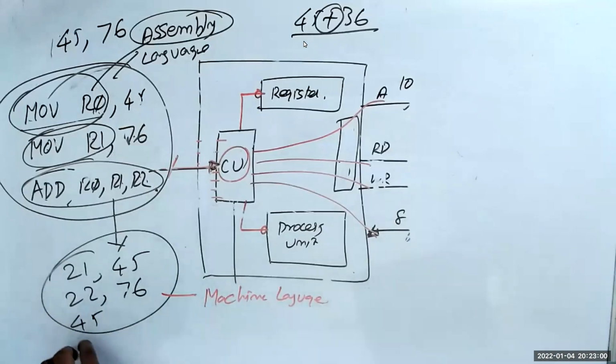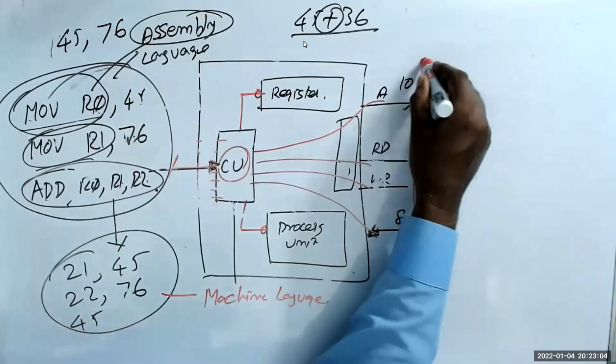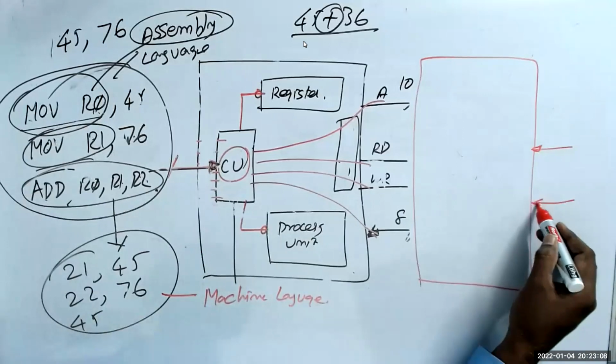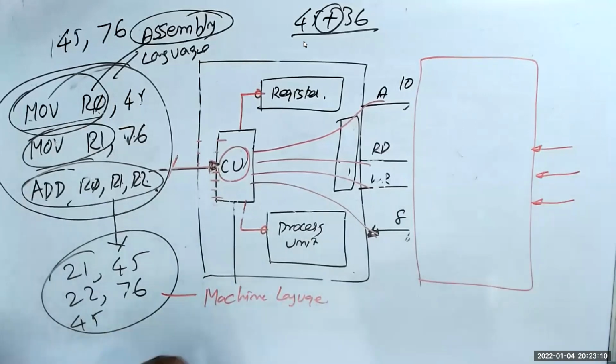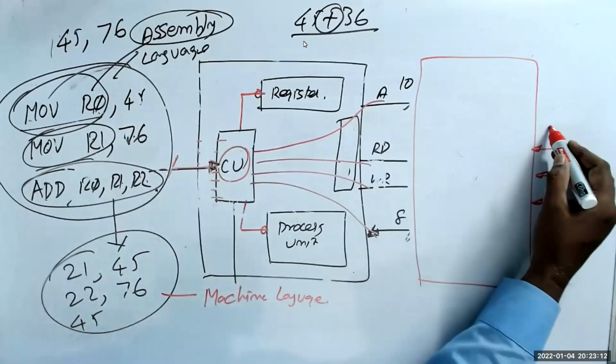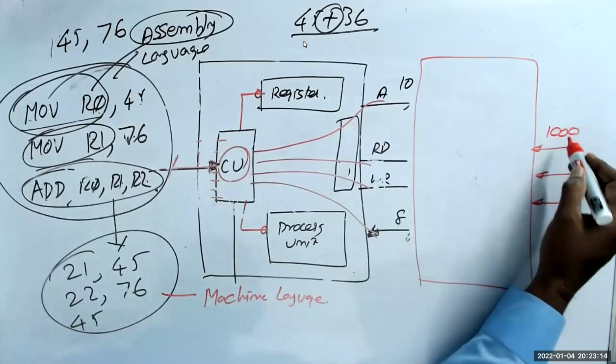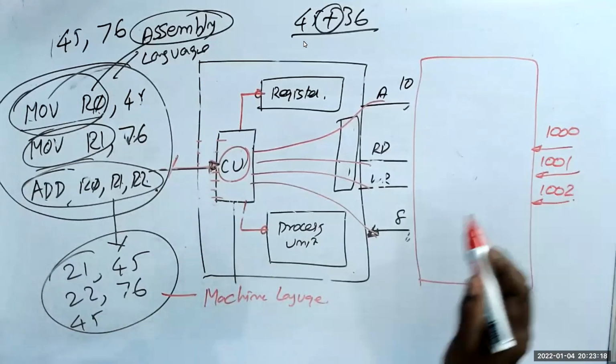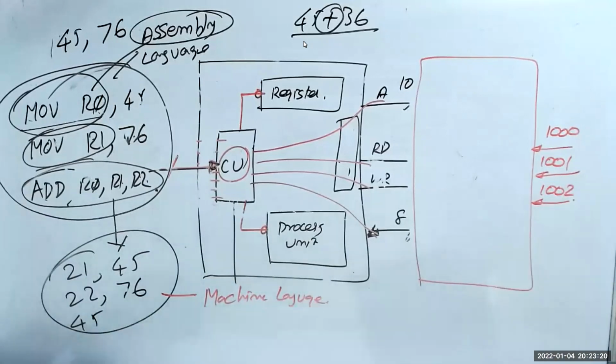I store it in the memory. So I have a memory. In the memory, I have 3 locations. Let us assume this location is called 1000, 1001, 1002.